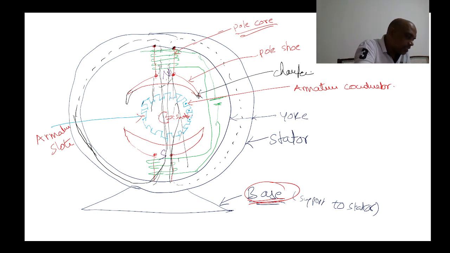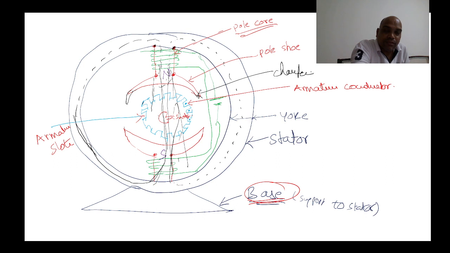Next, this is the armature. Armature slots and armature conductors are placed on the rotor. Whenever the flux cuts the rotating conductors in a DC generator, EMF is induced.